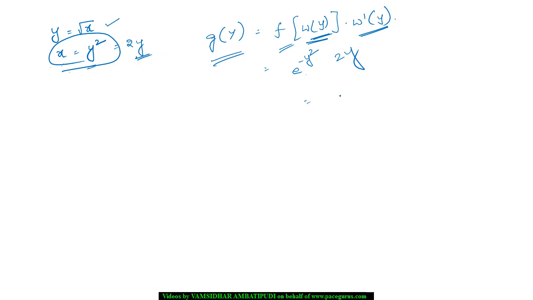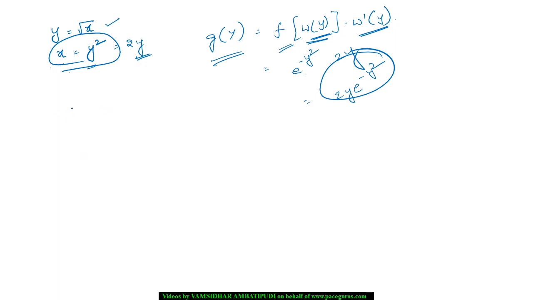So this becomes 2y e to the power of minus y squared. This would be the density function of y equal to square root of x. So this is one more way of finding the density function of y.